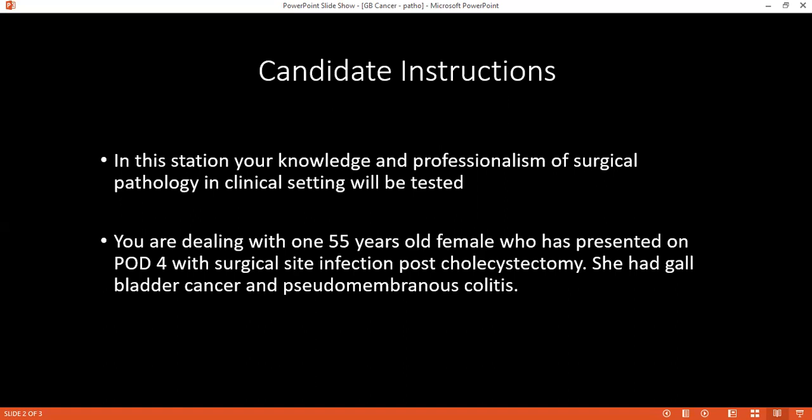This patient also presented with pseudomembranous colitis. How would you manage that? It depends on severity, according to the signs and symptoms. If it is severe, then I will proceed with surgical critical care.